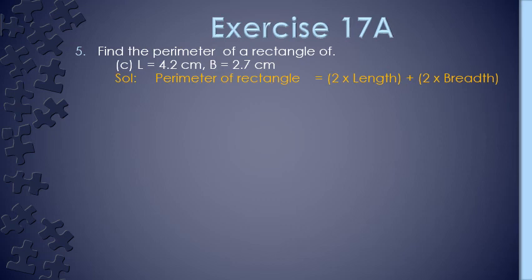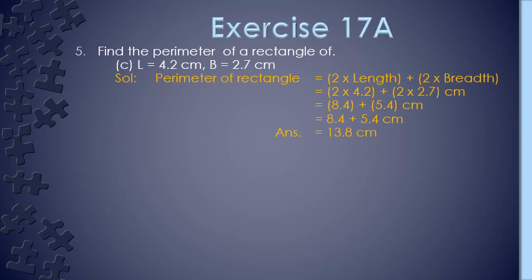Therefore, 2 multiplied by 4.2 centimeter plus 2 multiplied by 2.7 centimeter, which is equal to 8.4 plus 5.4 centimeter, which in turn is equal to 13.8 centimeter. So the perimeter of the rectangle is 13.8 centimeter.